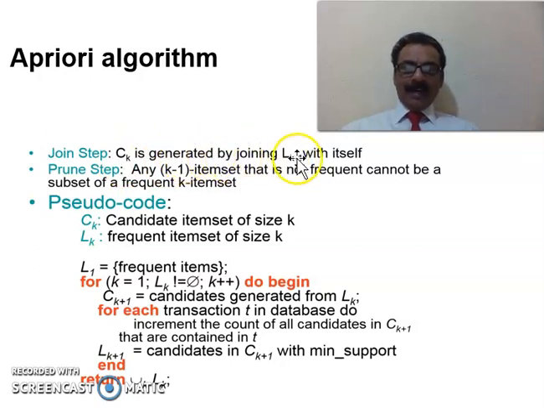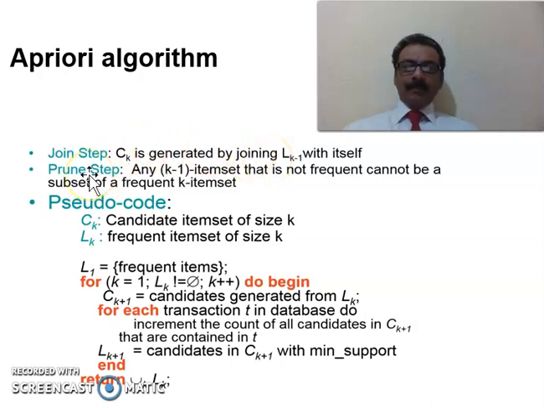And L is where you have the list of all items which are frequent. The join step is: Ck is generated by joining Lk minus 1 with itself. In the sense, you get Ck from all the previous frequent item sets. Assume k is 3: candidate 3 item sets will be generated from the frequent 2 item sets. So this is what it says.